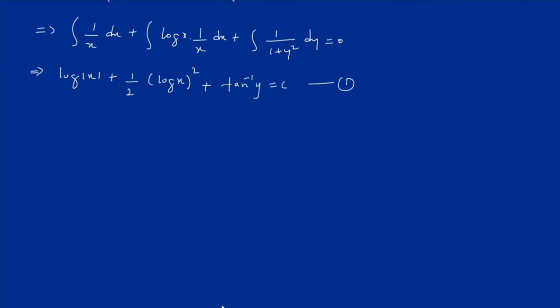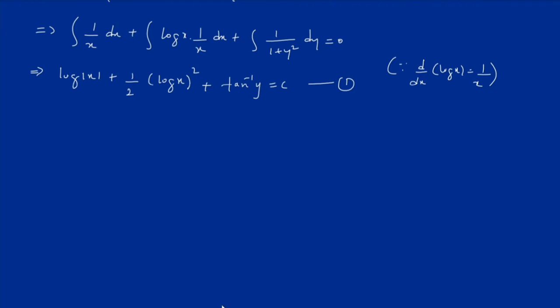Take it as equation 1, right? So we have written directly the value. The differentiation of log x is 1 by x, because d by dx of log x is 1 by x, right?